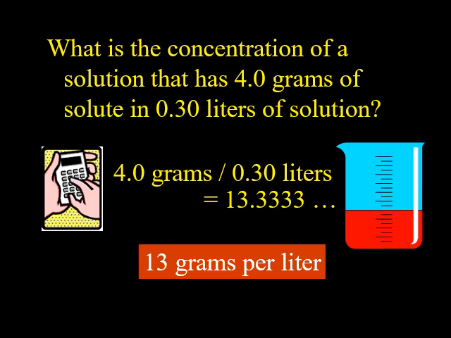You can ignore all the threes to the right of the decimal place, because each of our measured values had only 2 significant digits. You say, but wasn't the solution measured to 3 significant digits? No, it wasn't, because leading zeros are not significant.